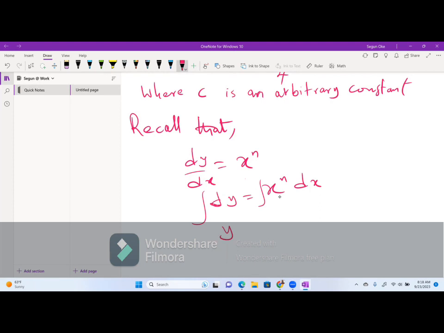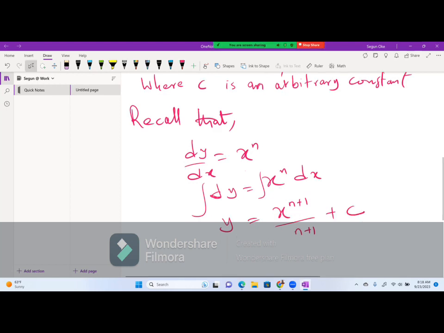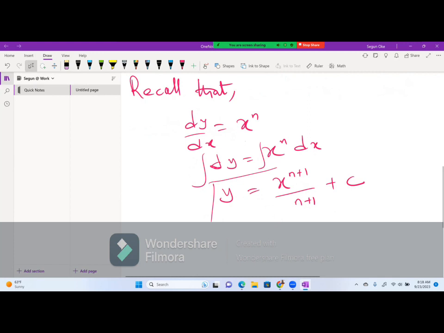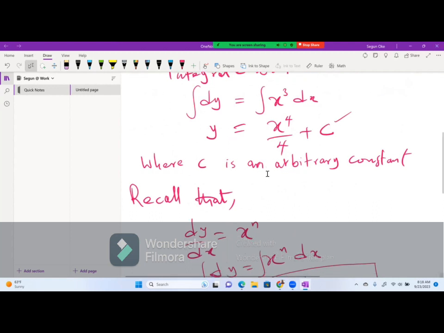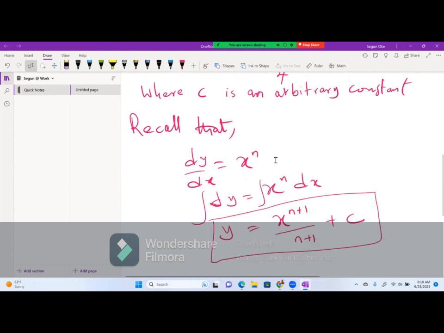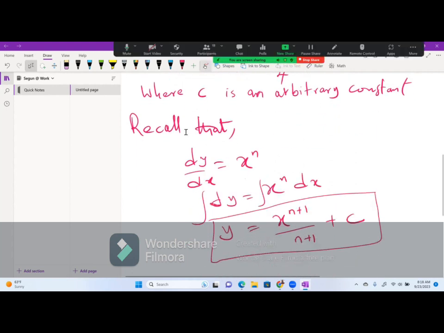The law of integration says that integrating x^n gives x raised to n plus 1 over n plus 1, plus c. That's the law of integration, so take note of this. This is what I applied here that made the power 4, using the law of integration. Any question? Can I proceed?